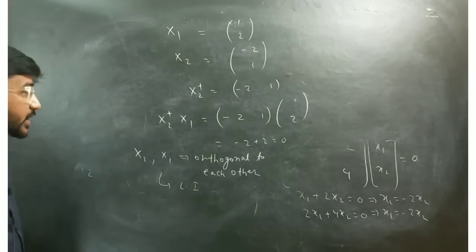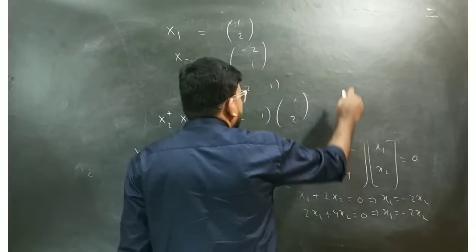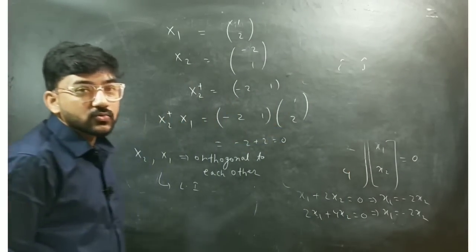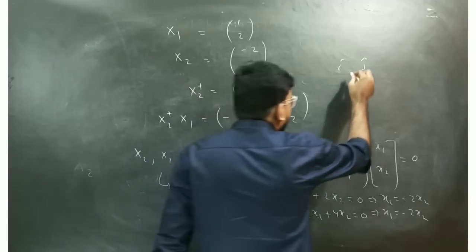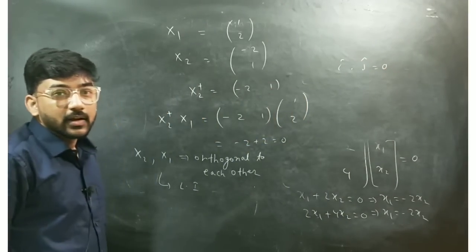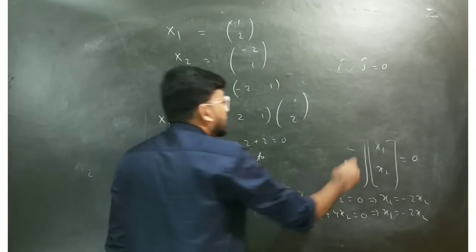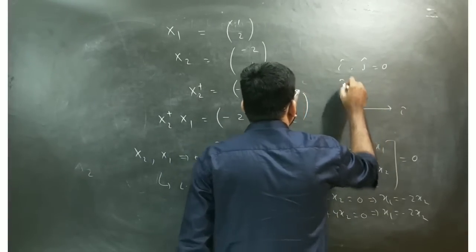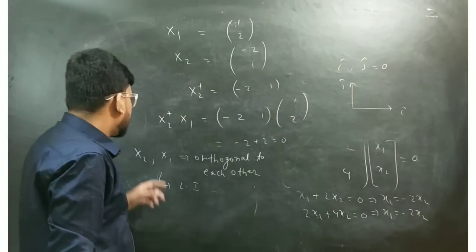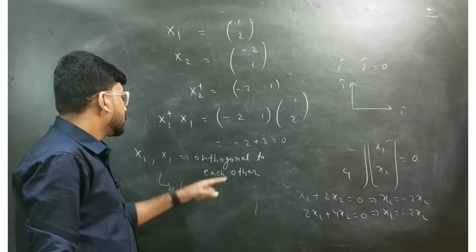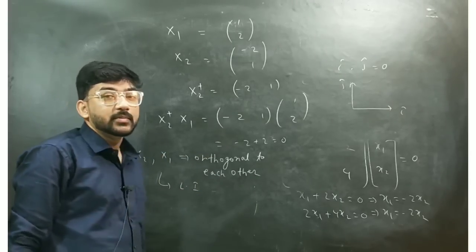As you know again from your ordinary 3-dimensional vector algebra, if i and j are two vectors, then if you take the dot product of these two, you will always get 0. And i and j are also linearly independent because they are perpendicular to each other. Okay, so similarly you can say from here that this x1 and x2 are orthogonal to each other and they are linearly independent also.